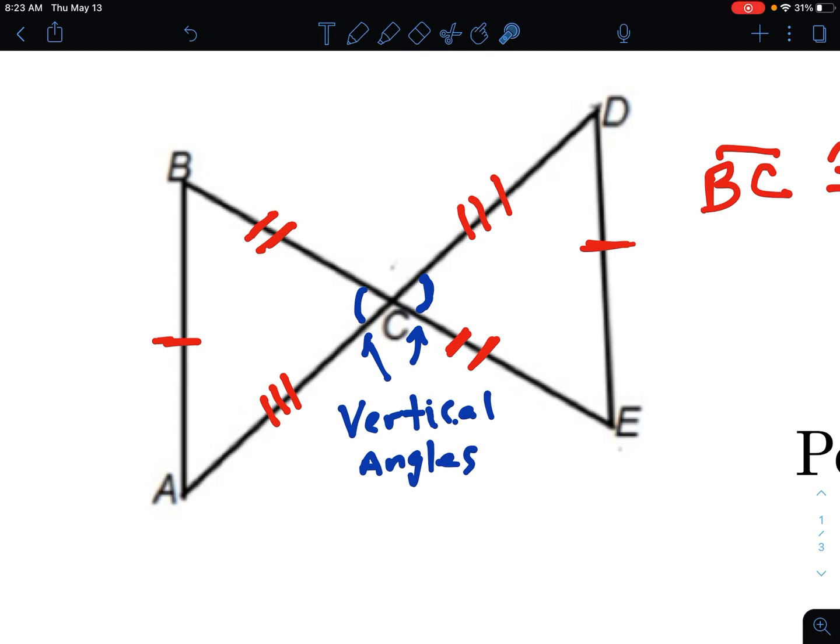Our statement for this one would be angle BCA is congruent to angle ECD.